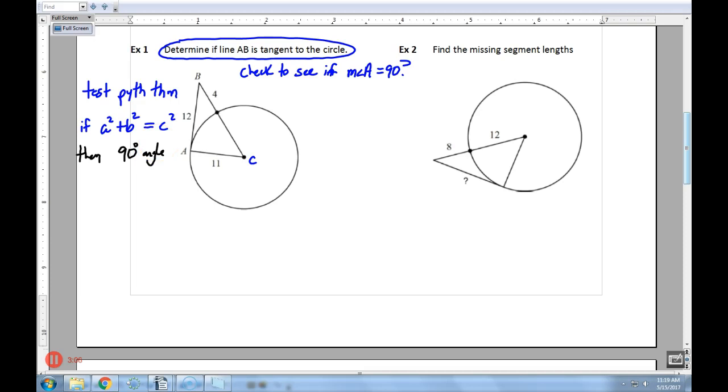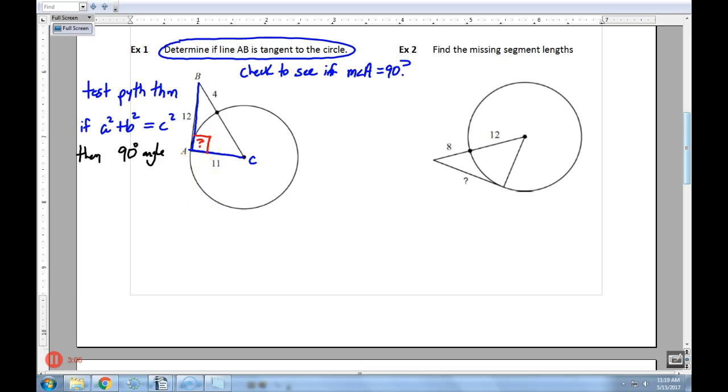So let's test it. A couple things I need to be careful of here. Those are just the legs, and we're not sure yet, but we're thinking that might be 90 degrees.